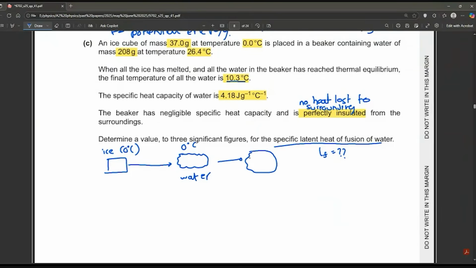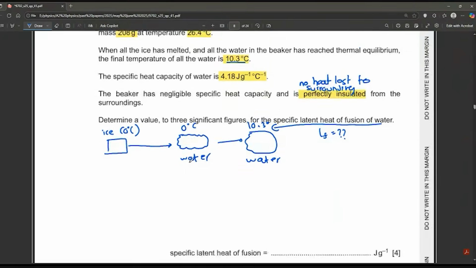This is your final temperature. Okay, let's write 10.3. Children, can you realize the ice's temperature is increasing?